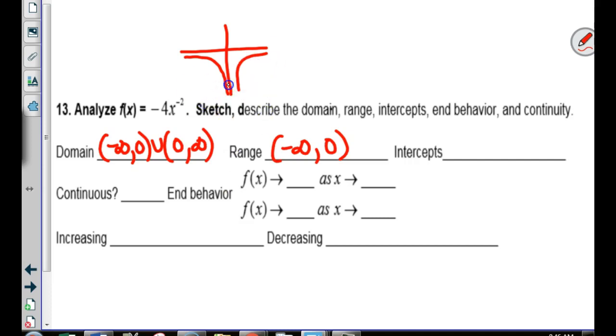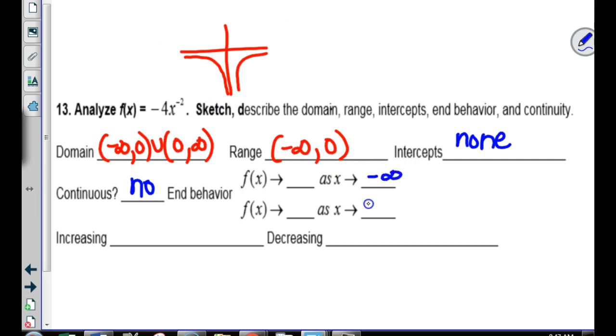Because there's values all the way down here, but there's nothing above the x-axis, and it doesn't ever actually touch, even though on your graph, on your calculator, it will probably look like it does touch. If you trace, it doesn't. So it doesn't have any intercepts. And this is not continuous. You can't sketch that without lifting your pencil up.